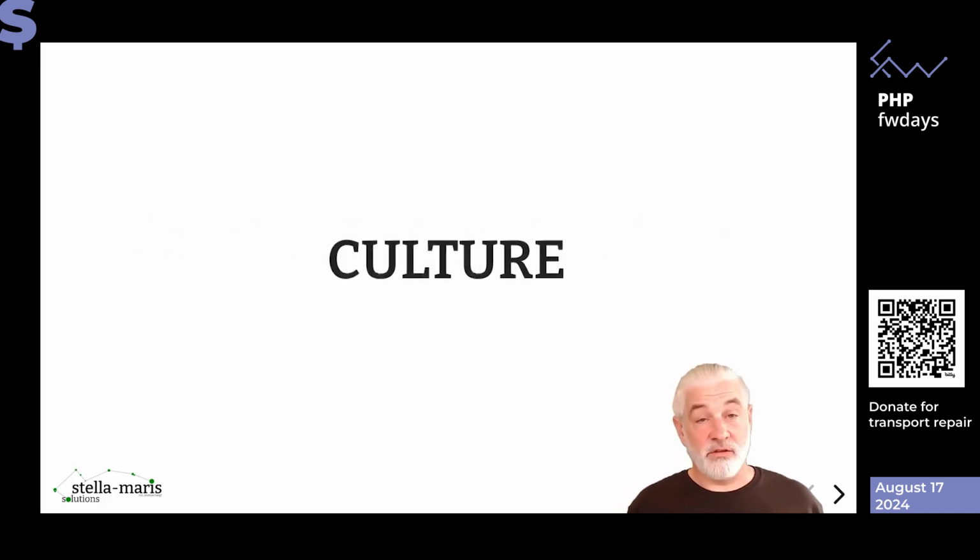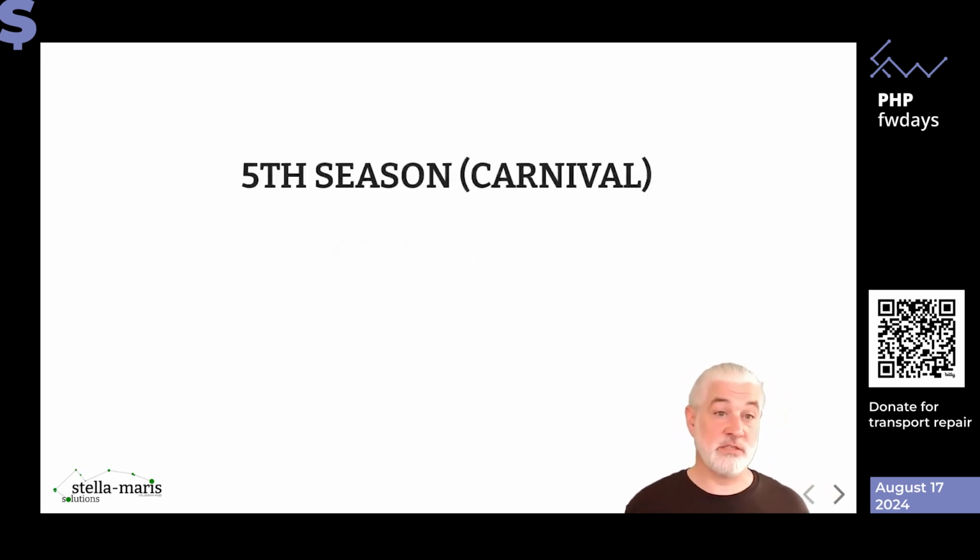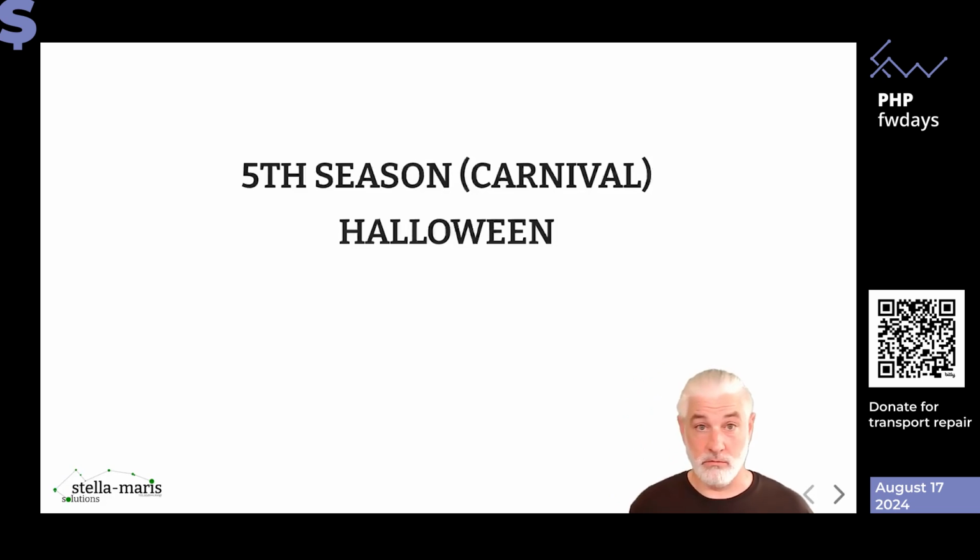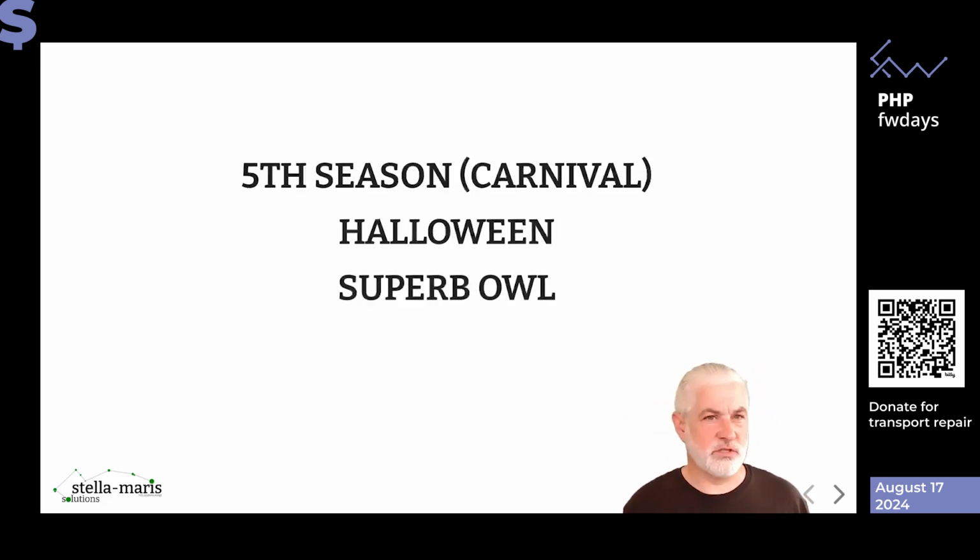And then you have cultural things that people might want to have translated or not. Like in Germany, we have the 5th season, which is Carnival. Nothing is working in certain areas there, but it's not all over Germany. In the US, you have Halloween, which might not be celebrated everywhere in the world. Or you have this Superb Owl thingy going on in the States, which swaps over to at least Germany, Europe.